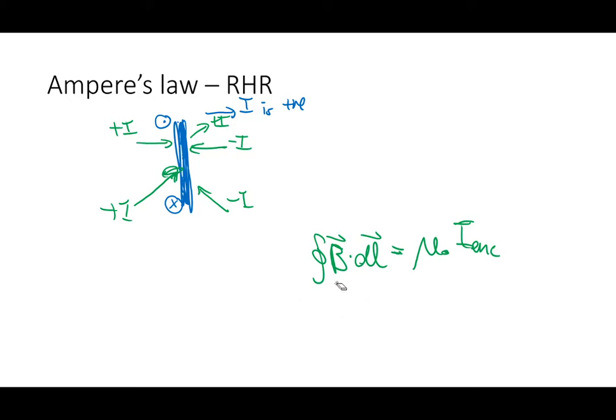And those are easy because if we're asking for this whole thing, all you care about is what is the current enclosed. Of course, with Ampere's law, you have to worry a little bit more about the direction of the current, what counts as positive, what counts as negative, etc.